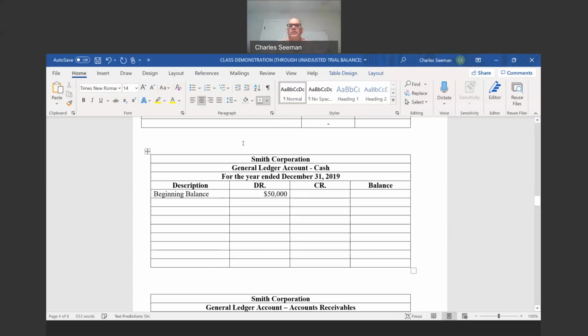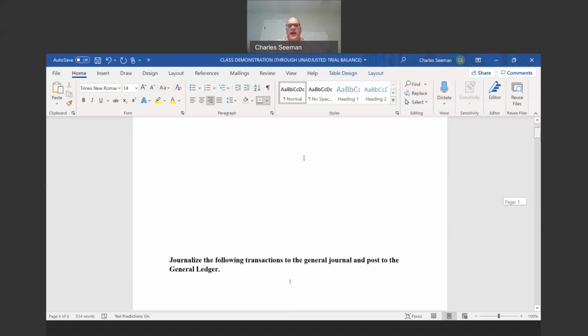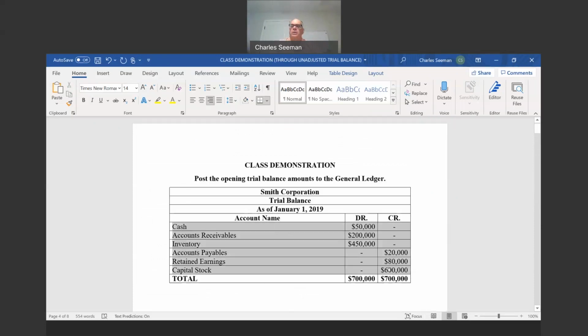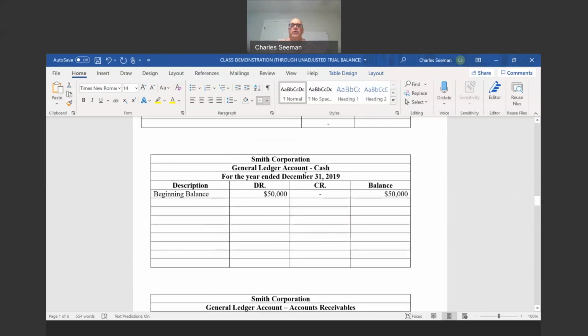Now I'm going to just draw a line because that makes me comfortable. You don't need to do that. What I'm doing is going to each account and posting the amount from the trial balance into the account. That's the first step.